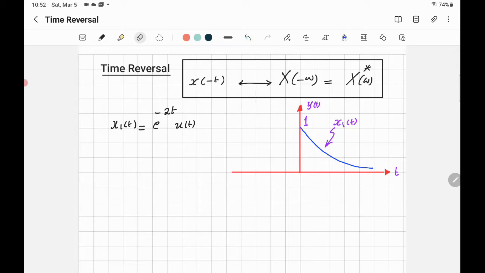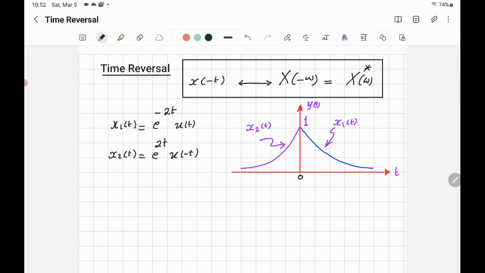Let's get back to the other function, x2 of t. It's the same, but inverted. So every t will be replaced by negative t. So x2 of t will be equal to e to the 2t u of minus t, because it's defined to the left.